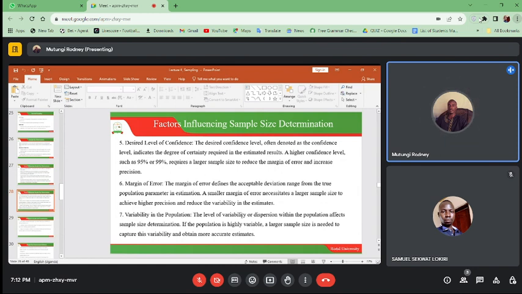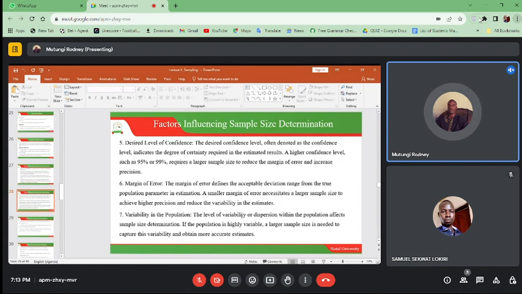And then variability in the population: how different are people in your population, okay? Because if people are highly variable or highly different, there are many tribes, many religions, many races in your population, then you will need a large sample so as to capture or represent each and every person in this sample.